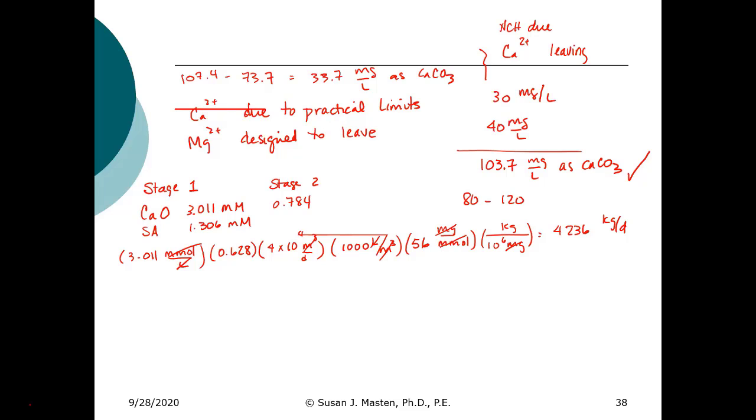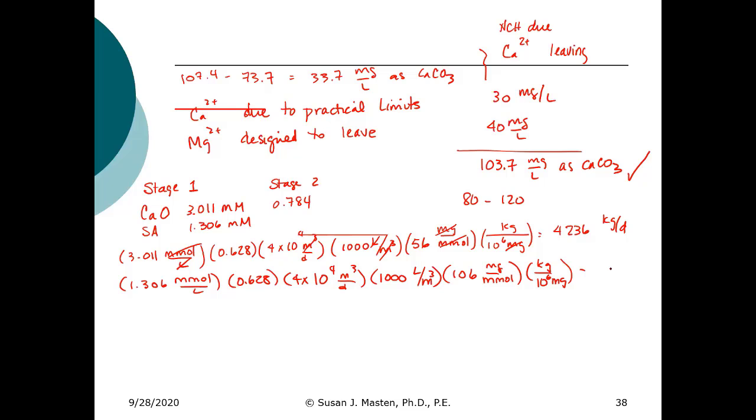Okay. And then for soda ash, we have 1.306 millimoles per liter. Essentially the same calculation, except in this case we have a molecular weight of 106 milligrams per millimole, and that is equal to 3,477 kilograms per day.